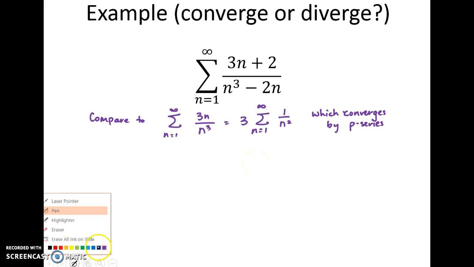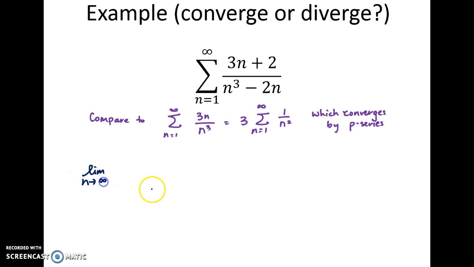And then I'm going to do the limit as n goes to infinity of this series that I'm looking at, divided by 1 over n squared, or I could do 3 over n squared, it doesn't matter. And then I simplify as much as I can.